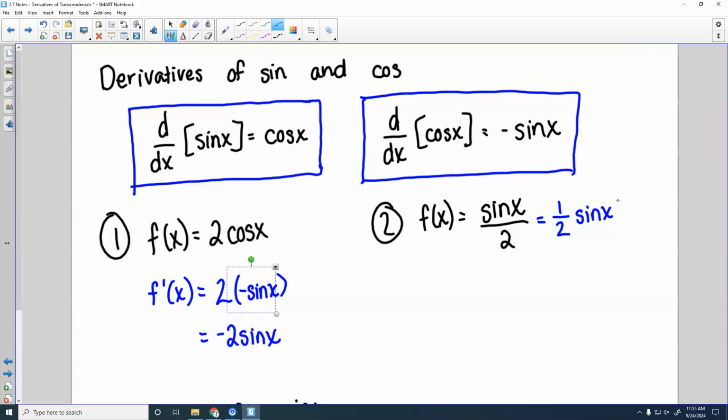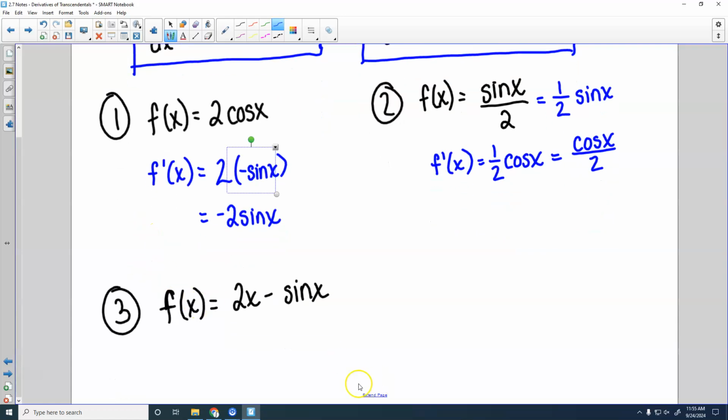So to take the derivative here, that coefficient will just stay up front, and then the derivative of sine is cosine, so we'll have 1/2 cosine x, or you may see this written as cosine of x divided by 2. You could get either one of those as the answer.